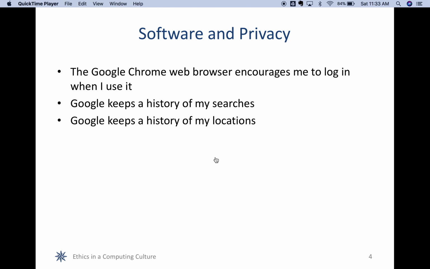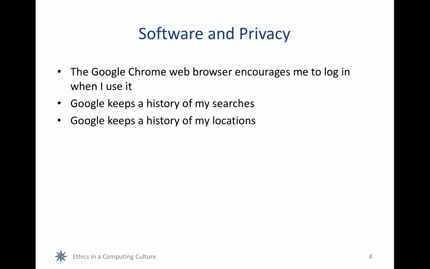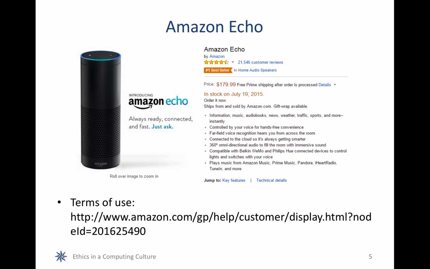Okay, so let's move on. Here's another example. This is a relatively new device called the Amazon Echo, which I'm sure many of you have already heard of. This device is always on and always listening, which I find a little disconcerting, but everybody has their own opinion.